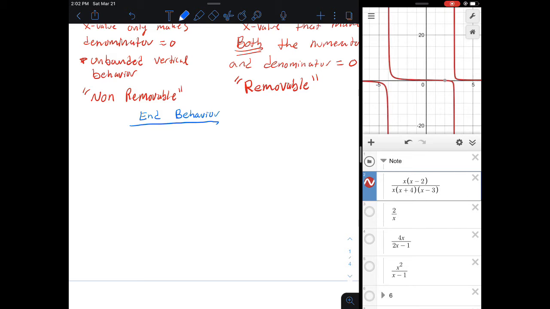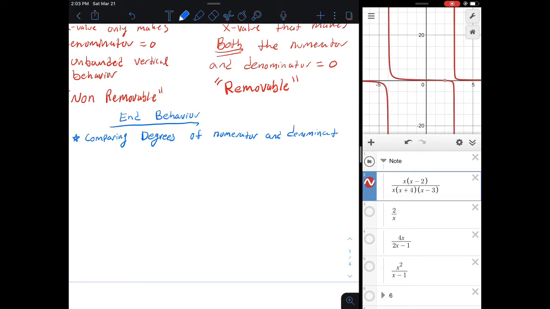We have three scenarios that could happen, where I'm comparing the degrees of the numerator and denominator. The degree is nothing more than the largest exponent. And we have three scenarios.